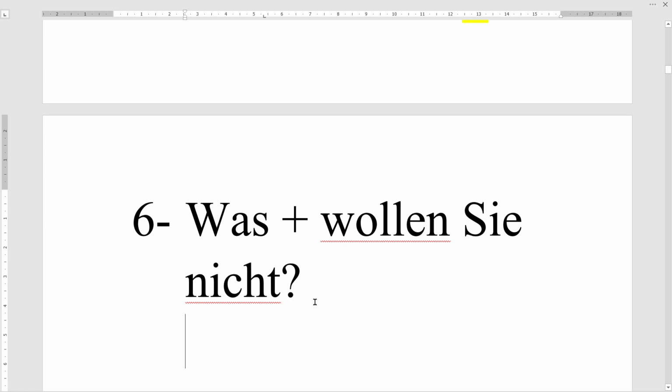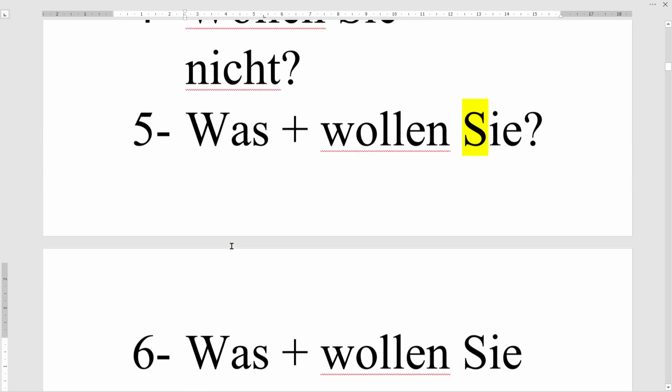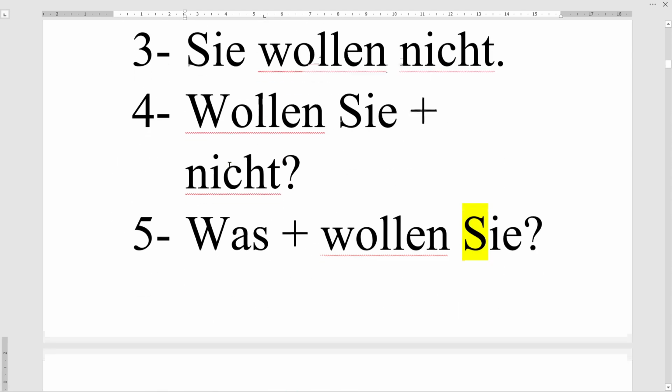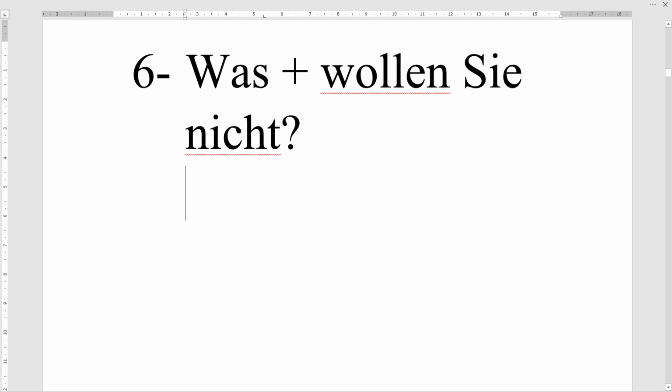Now, this is the very first lesson. I'm going to give you 2 more verbs so that you can conjugate and use the verb in basically these 6 sentences. Now, I'm going to write the verbs here. The next verb is sagen. Sagen means to say or to tell.